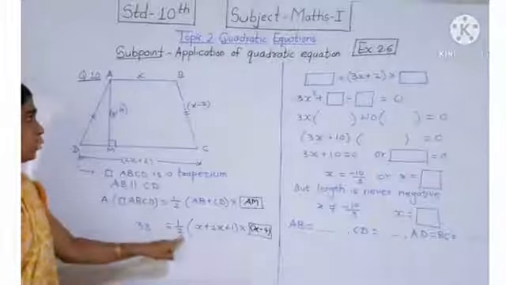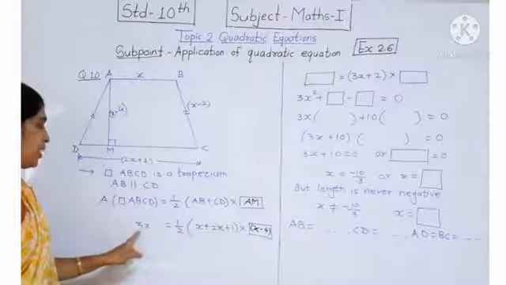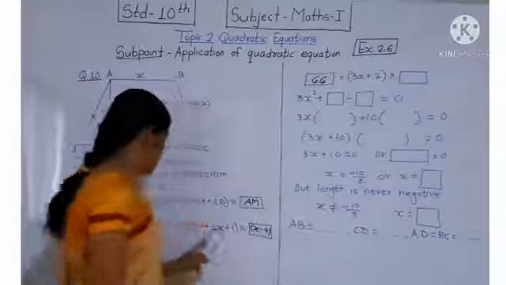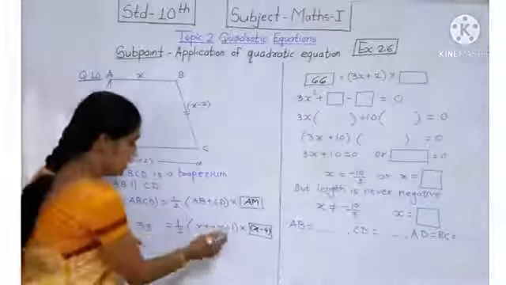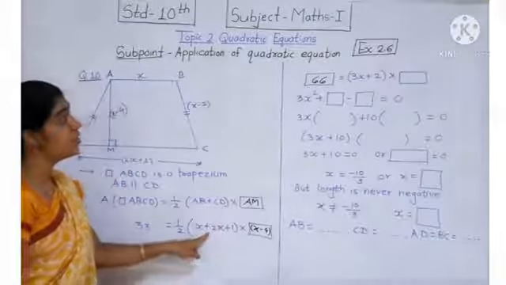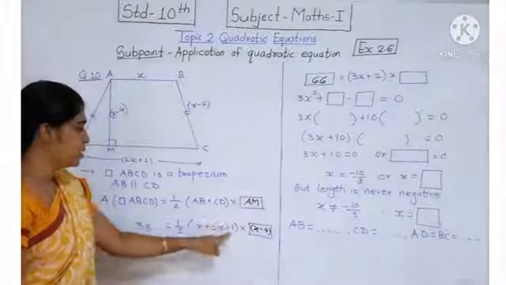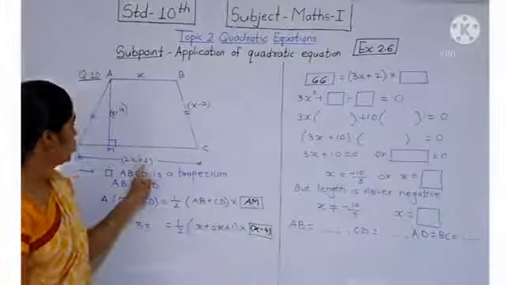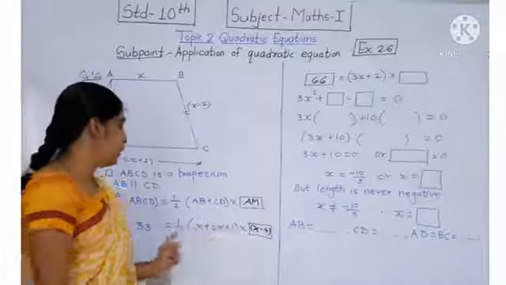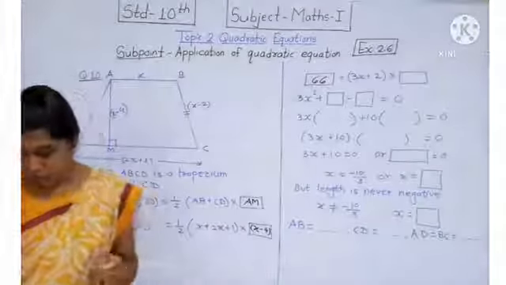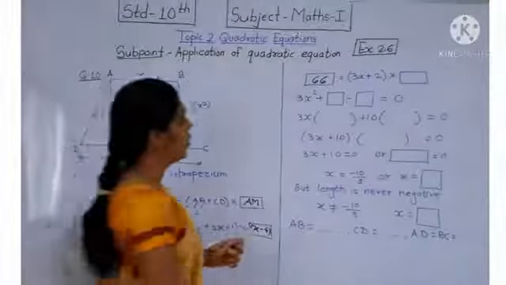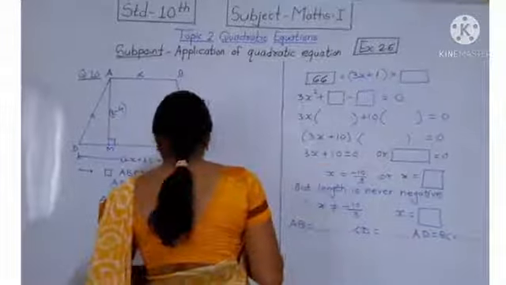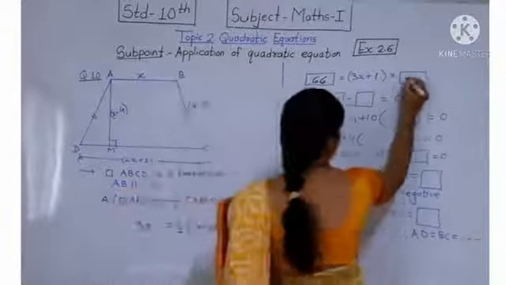So multiply both sides by 2: 33 into 2 is 66 is equal to x plus 2x, which becomes 3x plus 1, into x minus 4.